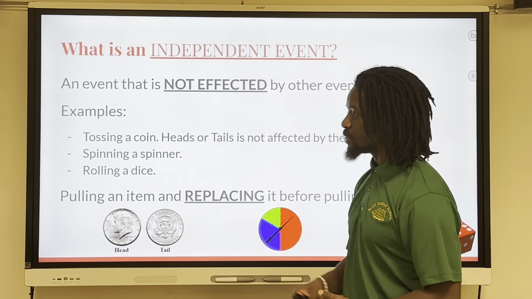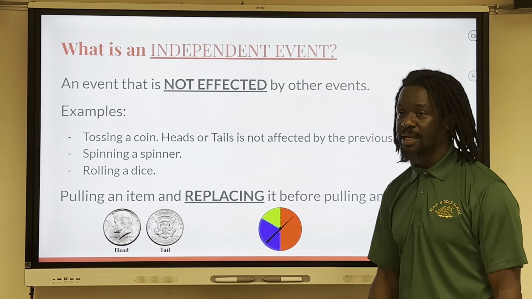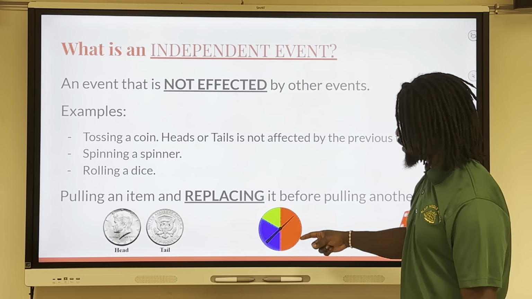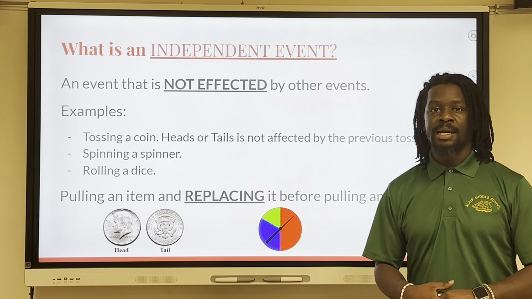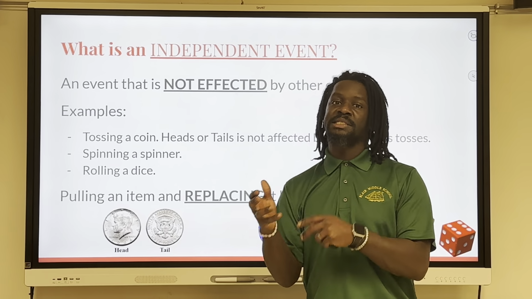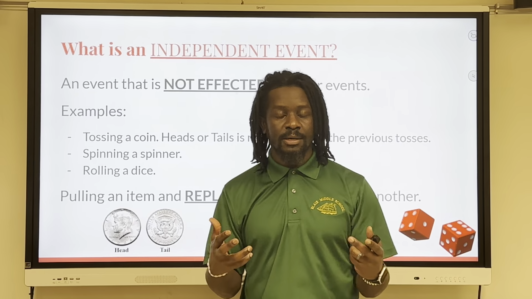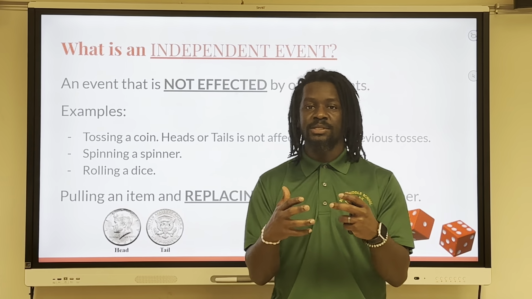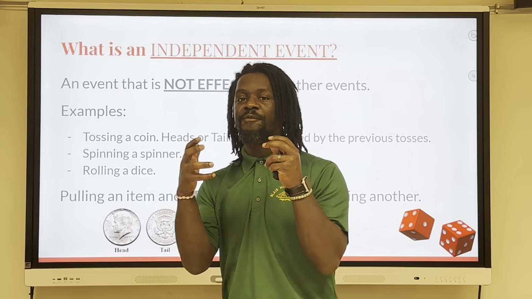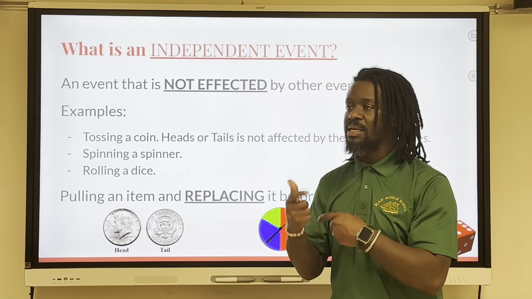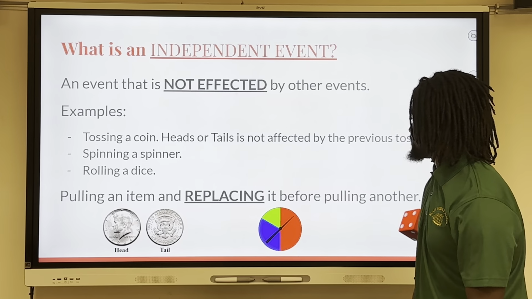The same with spinning a spinner. If I spin a spinner, I have a chance of getting a green, a red, or a blue the first time. If I spin it a second time, what happens is completely independent of what happened the first time. The first time doesn't determine what I'm going to get the second time.